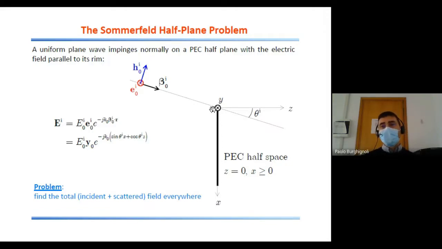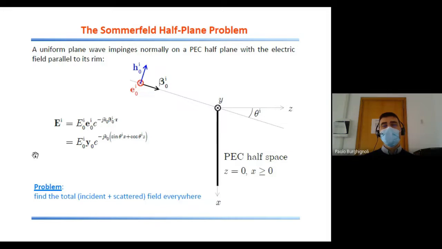So we will neglect the z direction, which is orthogonal to the half plane. And the uniform plane wave that impinges on this screen has the electric field parallel to the edge or rim of the half plane. So by adopting the Cartesian reference frame as the one in this figure, the electric field is parallel to the y-axis.